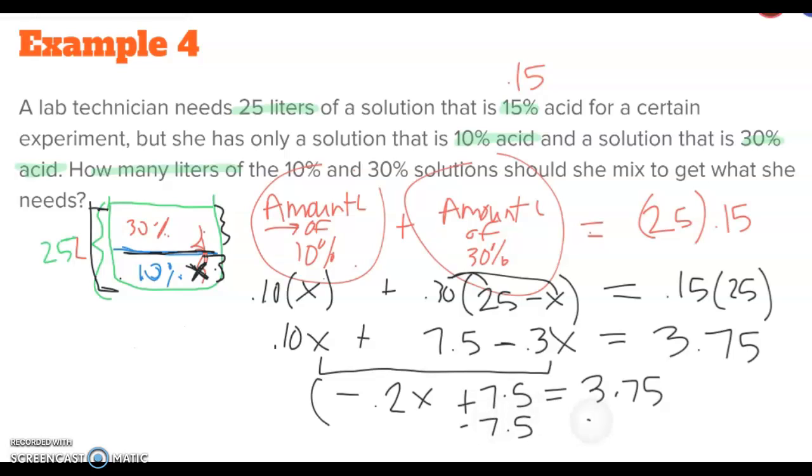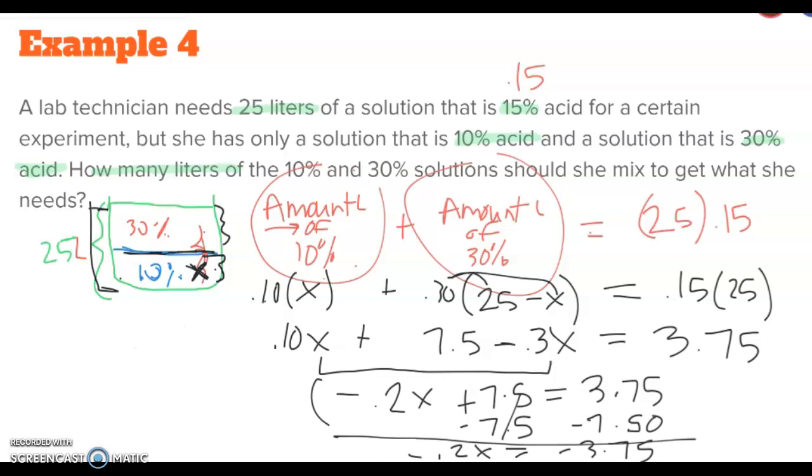That's the inverse. So I get negative 0.2x, that's just 0, equals 3.75 minus 7.5 equals negative 3.75.